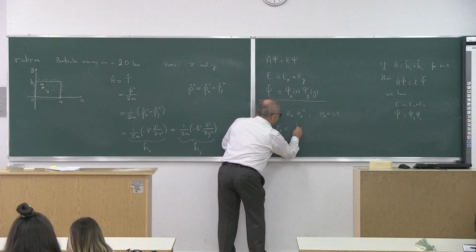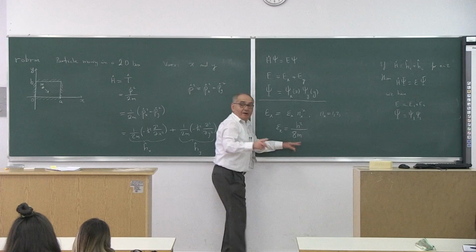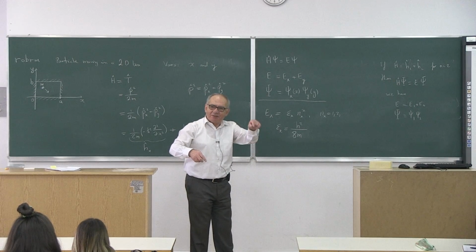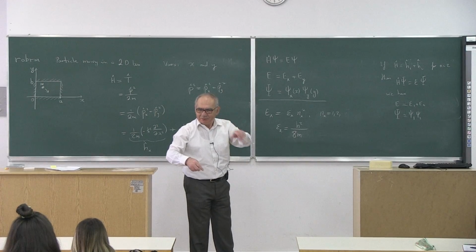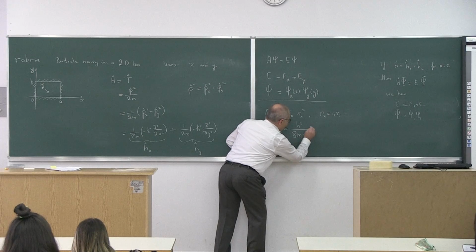Let me write it again. h squared over 8 times m. Remember, the masses of the fictitious X particle and the fictitious Y particle are the same, so it's m. But here we have A squared.